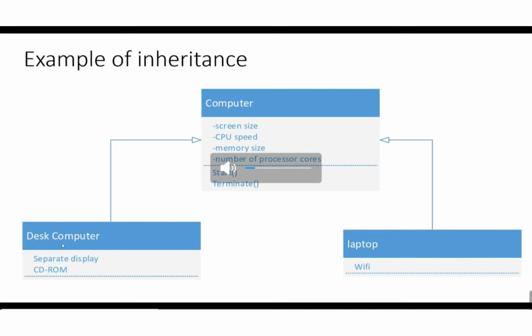It means that the desk computer shares all of the attributes in the superclass, and the desk computer has some of its own attributes. For example, separate display and some CD-ROM. But the laptop has its own unique attributes. For example, the Wi-Fi. And the laptop also shares the common operations. For example, the laptop can start and can terminate.